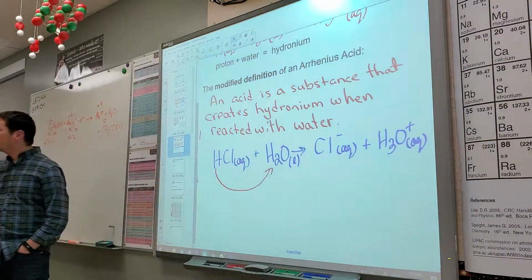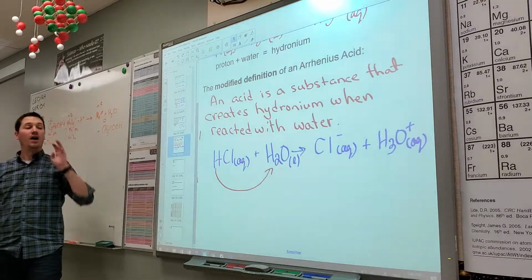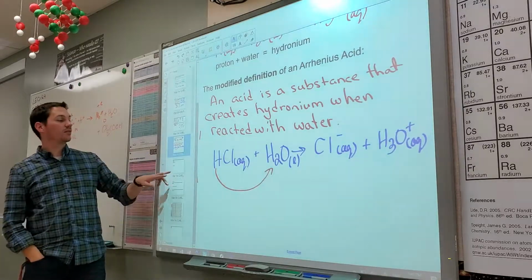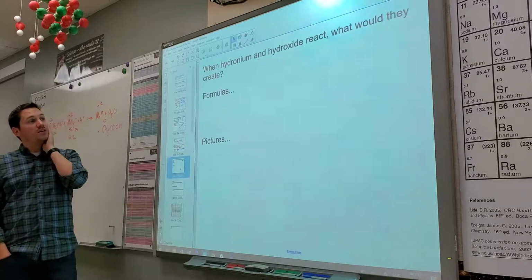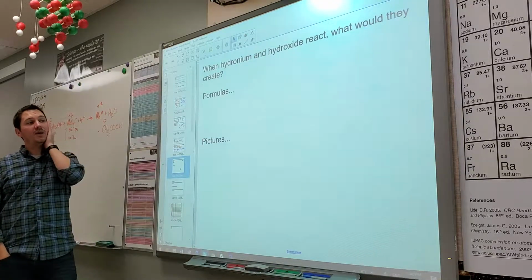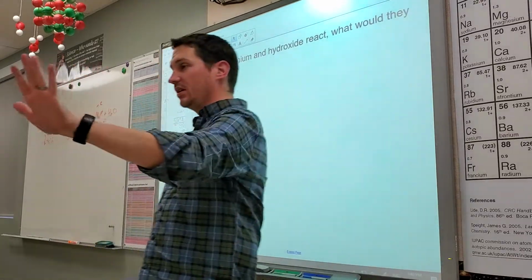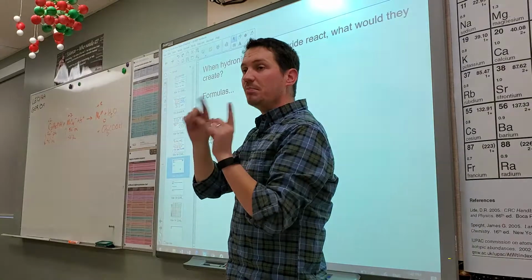Now that's a big conclusion to reach. That's a huge shift in our perspective of what's actually happening at the microscopic level, or at the atomic level, or molecular level. Okay, let's keep going. So when hydronium and hydroxide react, what would they create? Let's think about this. Hydronium, what types of substances make hydronium?